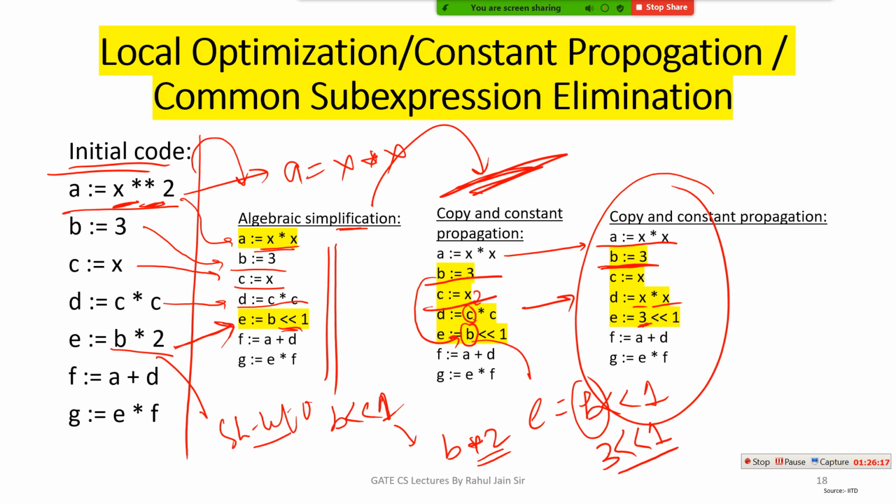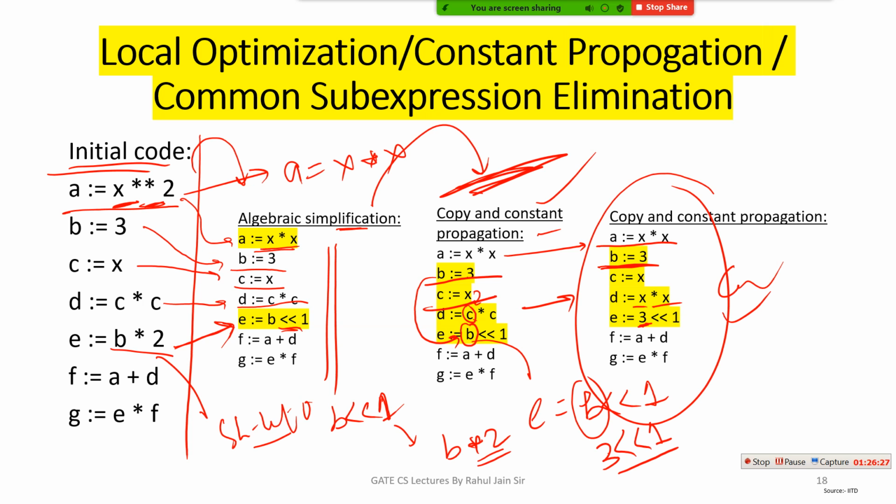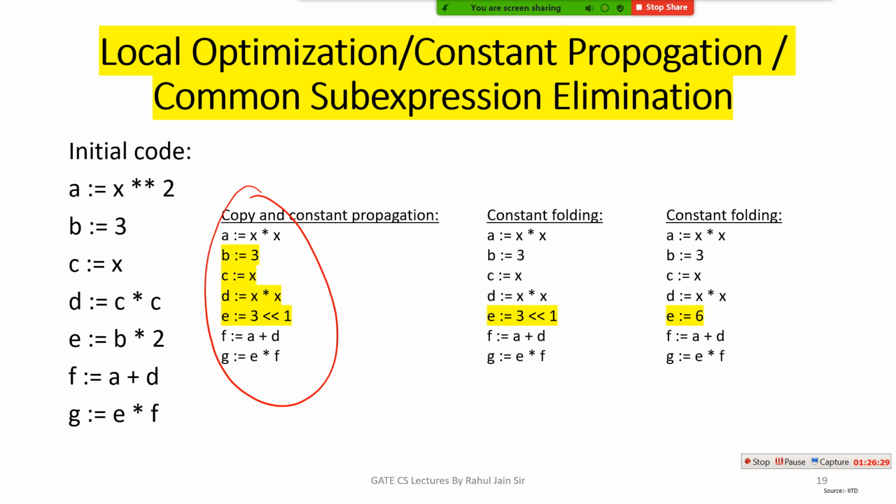That is my next step after applying variable propagation and constant propagation. Now I will copy this code here, which I got directly from the previous step, and apply constant folding. Constant folding basically means that whenever we have operations like shift left, I will directly replace them with their result.